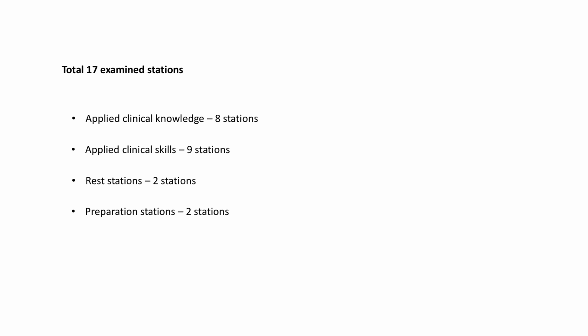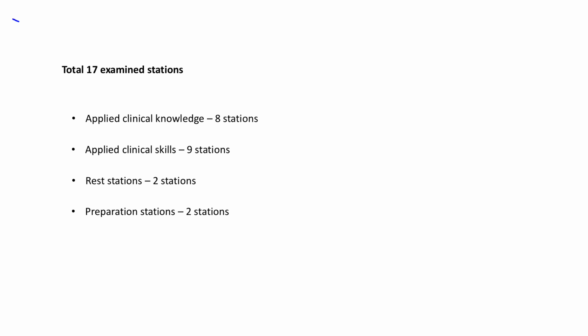So now we have discussed how the exam is assessed, how the exam is structured, and how many stations there are for different subjects and components. Now we discuss more about stations.